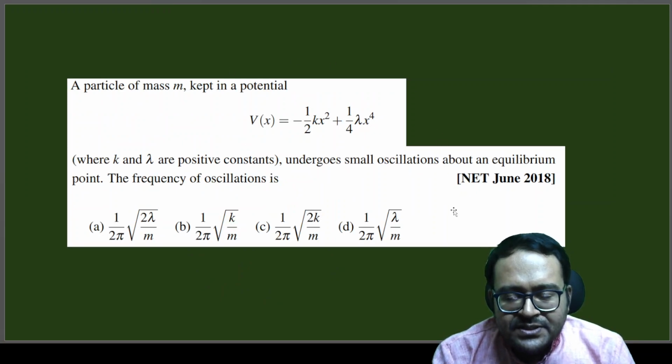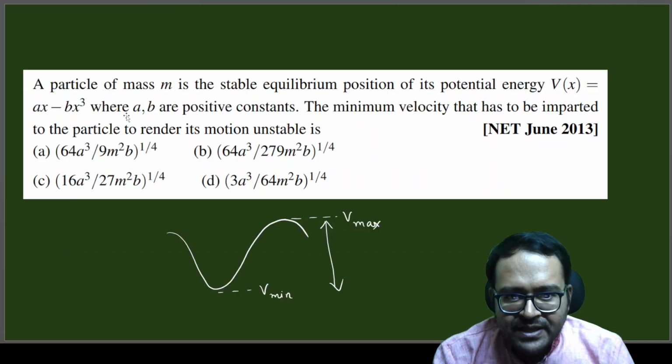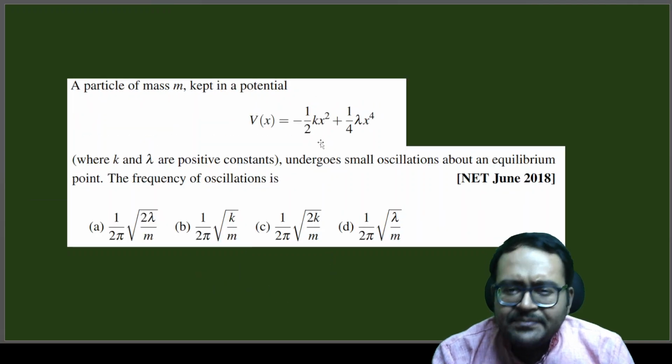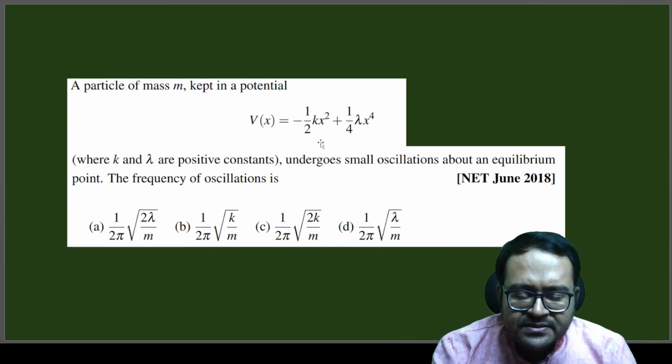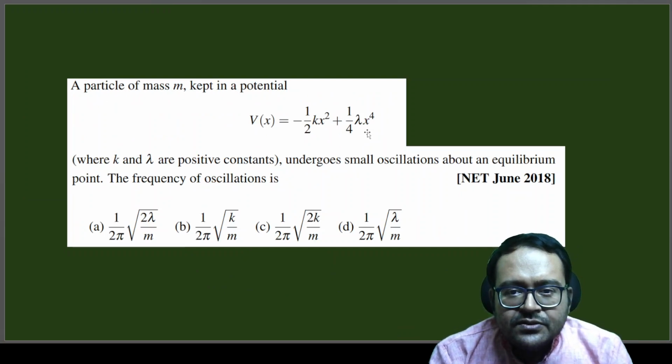Another type of problem, this is a very common problem: finding the frequency of oscillation. You'll be given a potential. Sometimes the potential looks like this, sometimes like this, sometimes the potential may look something else also. If you are given this type of potential, you should find the frequency of oscillation.